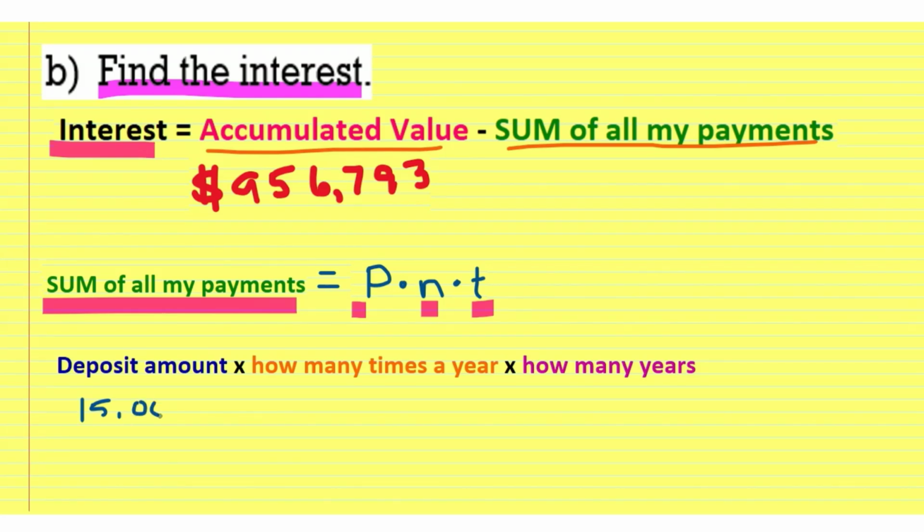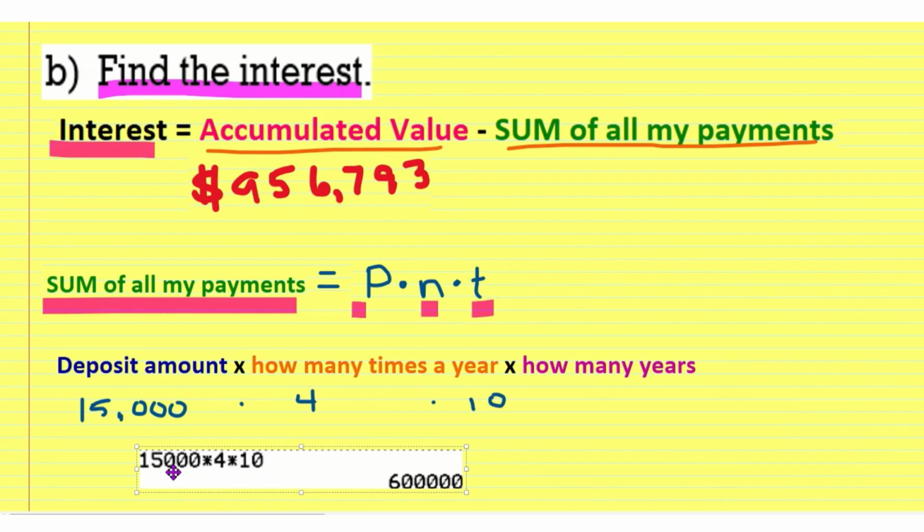So 15,000 times 4 times a year, quarterly, and they did this for 10 years. When we multiply that, it gives us total payments made to the scholarship fund of 600,000.